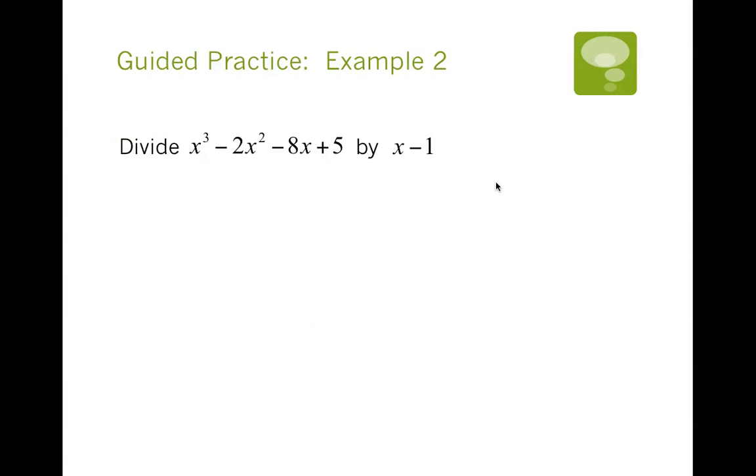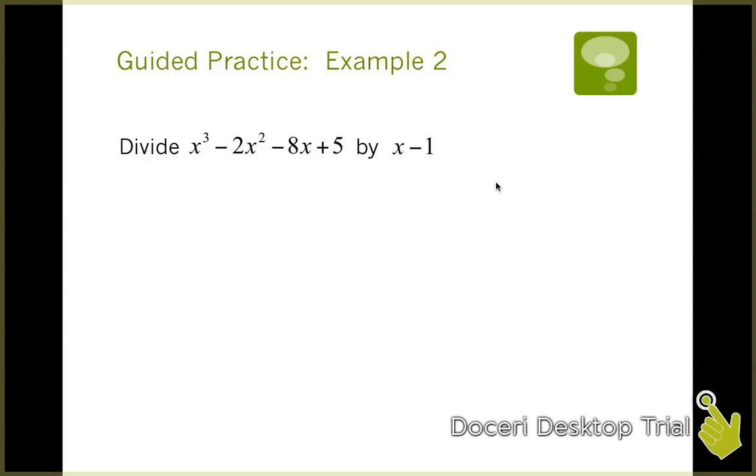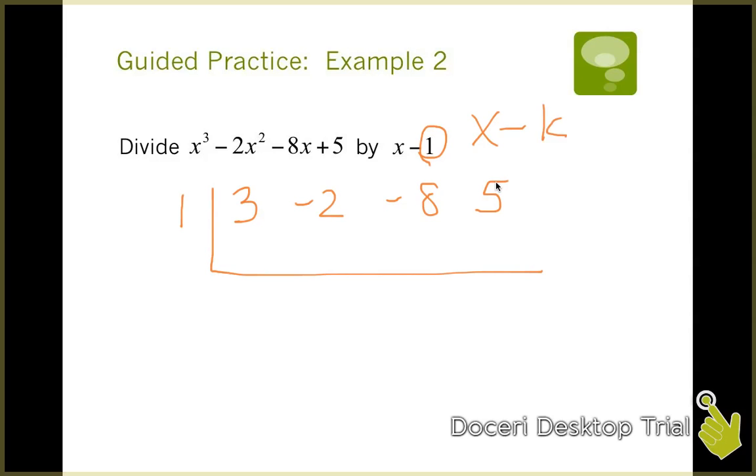All right, so if we set up this problem, we're setting up coefficients of 3, negative 2, negative 8, and 5. We have no missing terms this time, so we don't have to put in any zeros. Our k is going to be the positive 1, because x minus k means k would have had to be 1. And then we're going to do our synthetic substitution.